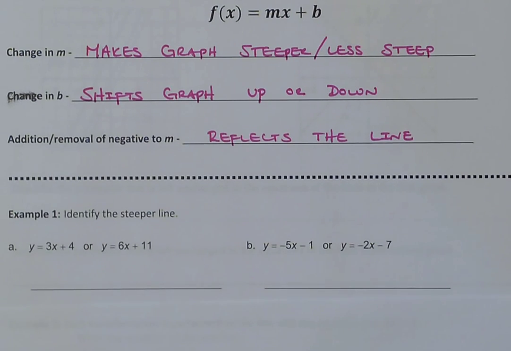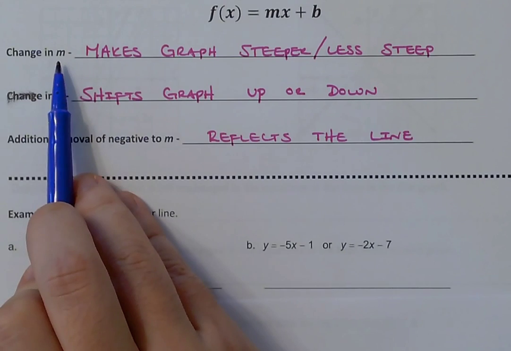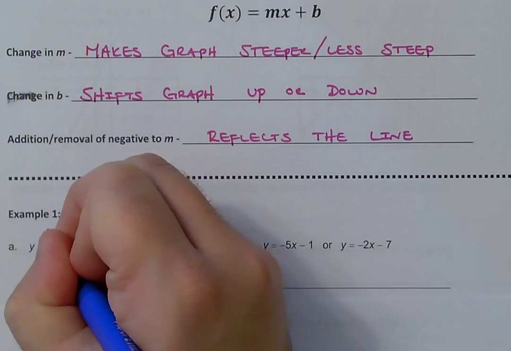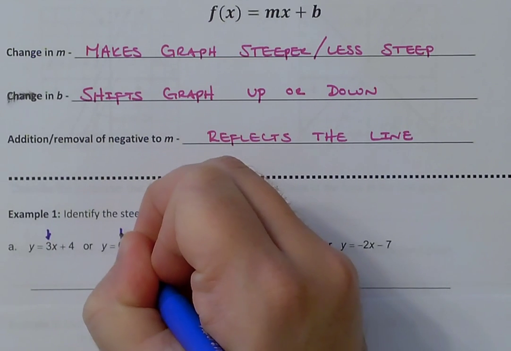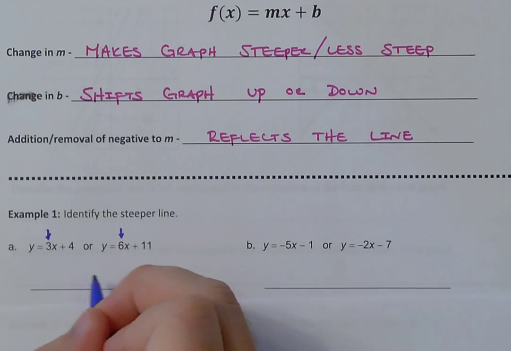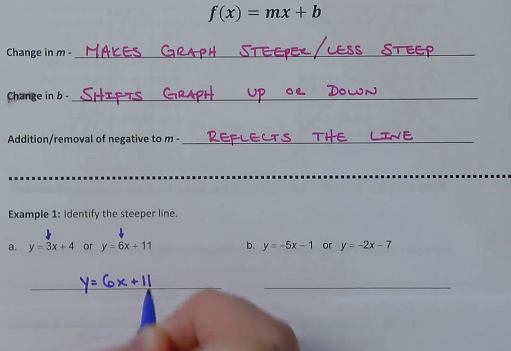Remember, when we are looking at steeper or less steep, we're looking at the change in m. So that's the number in front of x. So we have 3 and we have 6 respectively. So between 3 and 6, which of these two is a larger number? 6 is greater than 3, so the steeper line is y equals 6x plus 11.